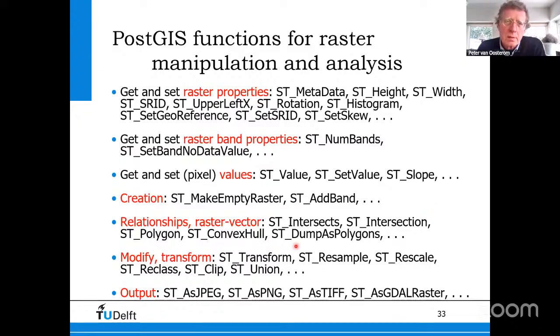And then there are these hybrid functions that combine raster and vector operations. For example, an intersection of a raster image and a vector object. Or convert a raster image object to a polygon or to a convex hull, etc. All kinds of conversions, resampling, rescaling, clipping, and conversion to different output formats.